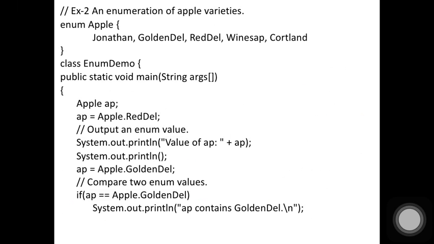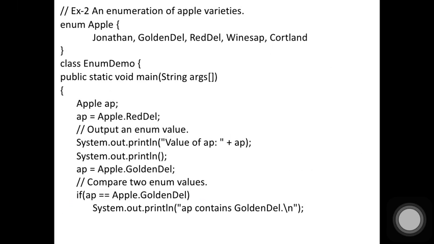There is one more example here, a textbook example. Here I define Apple followed by the types of apples, and I define the main method. Inside main I take one variable AP and assign it one symbolic constant value, Apple dot Red Delicious, and I can get the value directly by means of AP.